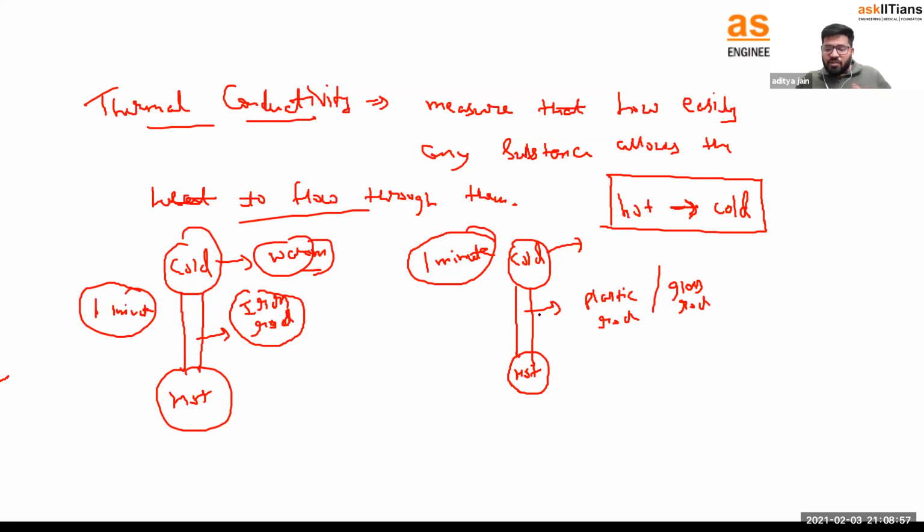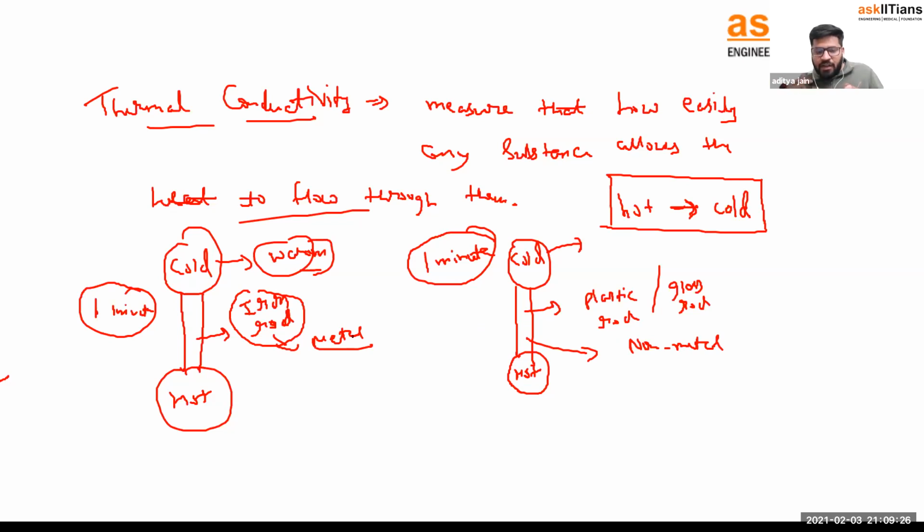So what is the reason for that? Basically a plastic rod or glass rod is a non-metal, and this iron rod is a metal. So can I say, according to the concept of thermal conductivity, that the iron rod has more thermal conductivity? Why can I say this? Because the iron rod easily allows the heat to flow through it, while the plastic rod or glass rod was not allowing the heat to flow through easily.